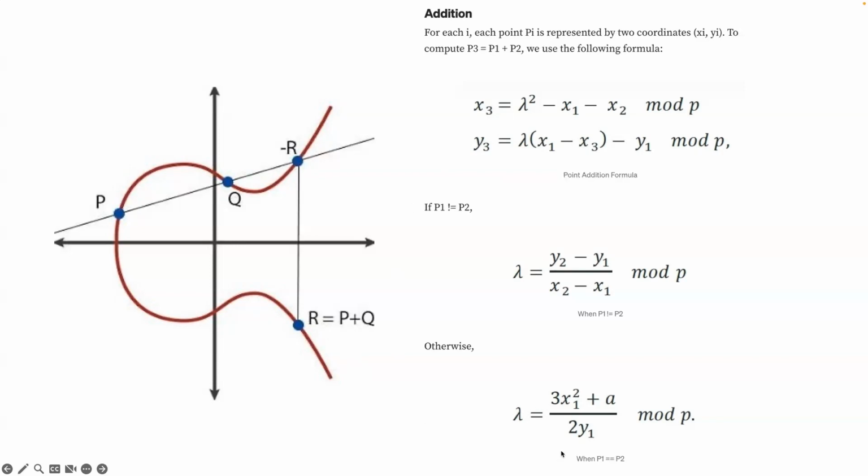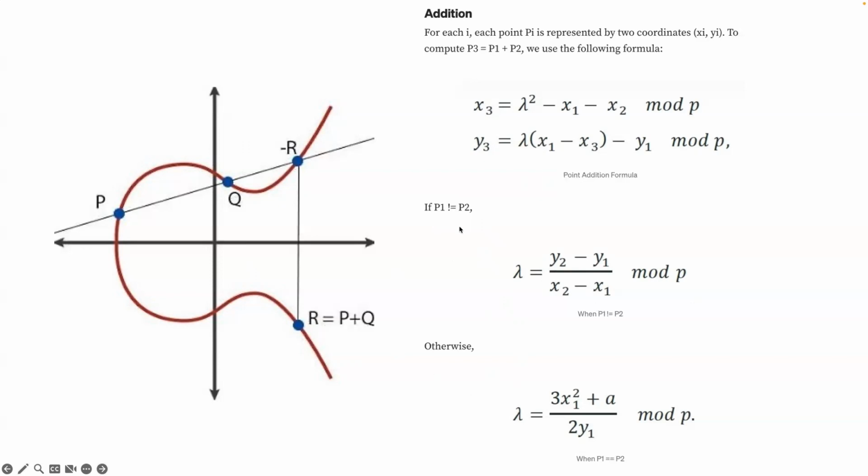And then if you do the math, you use a different formula, okay? Because otherwise, this is going to be 0, because x1 is the same as x2, same for y2 and y1. So this is the graphical interpretation, and this is the exact math formula. When you want to add two different points, you use this formula.